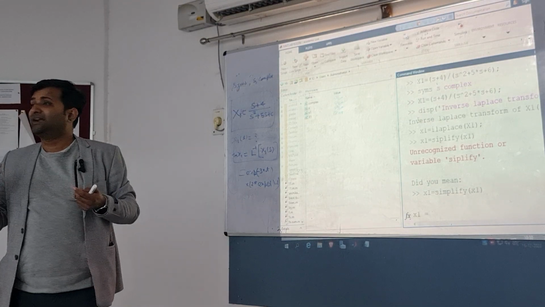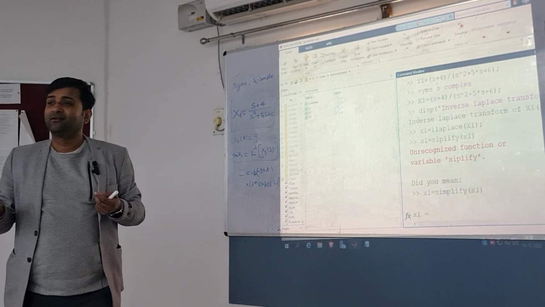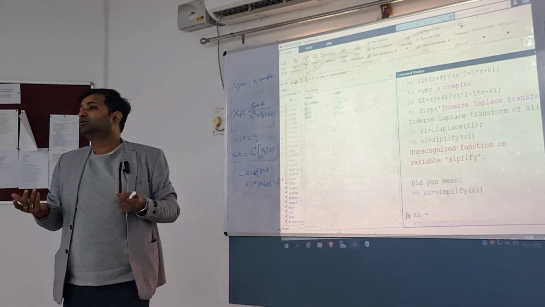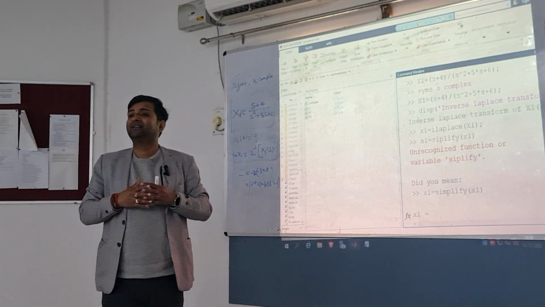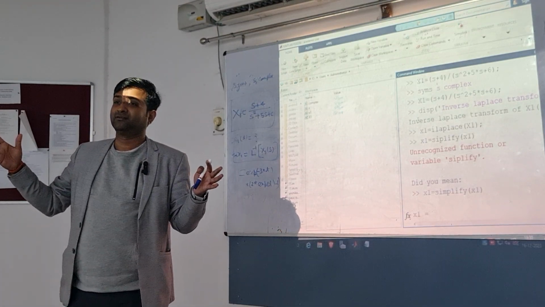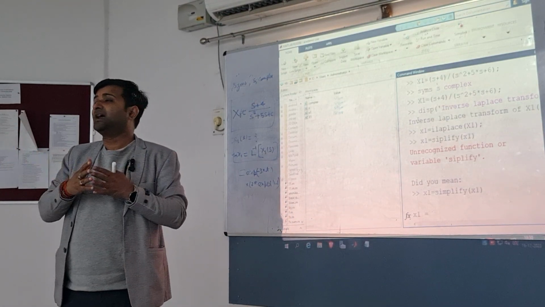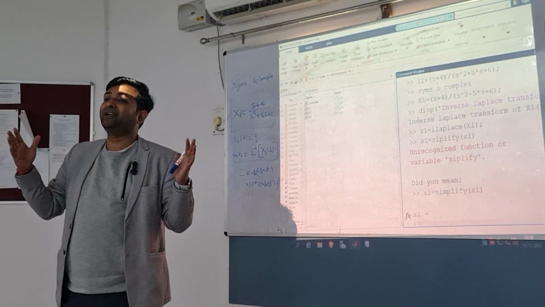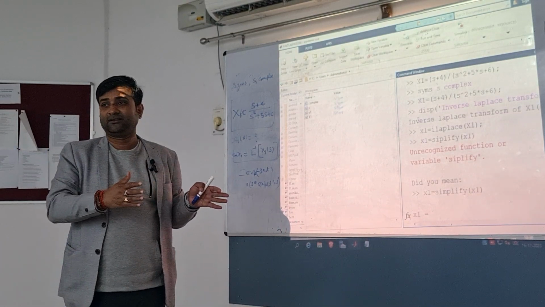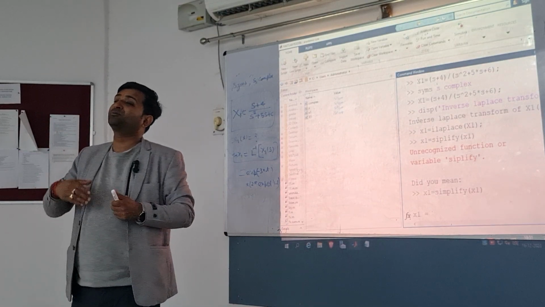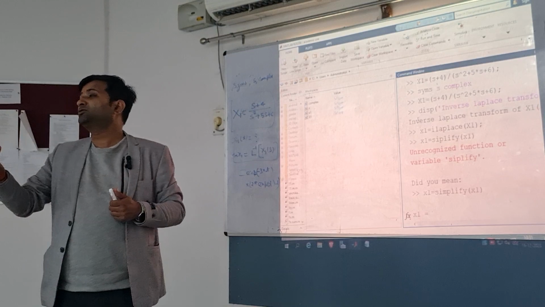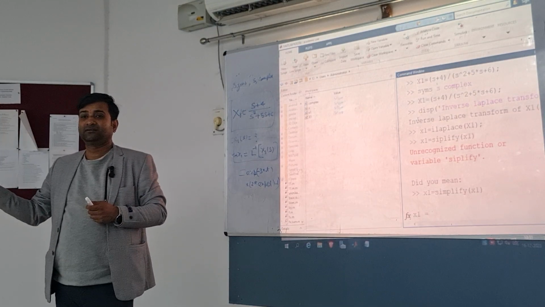MATLAB is the scientific tool used for scientific and research purposes. That's why its area is wide. So MATLAB has various applications in various fields. MATLAB is used by mathematicians, scientists, and researchers.